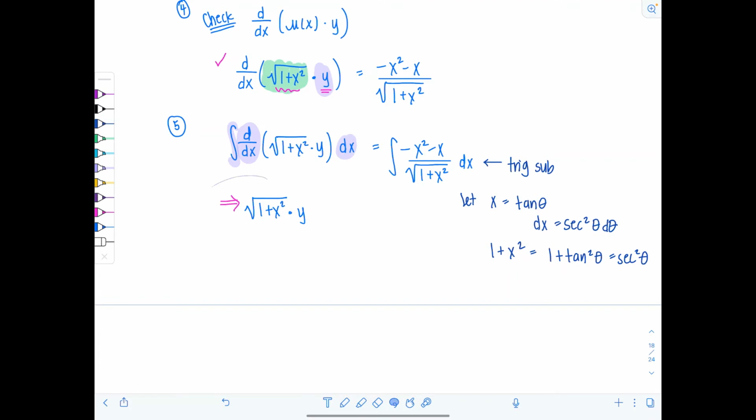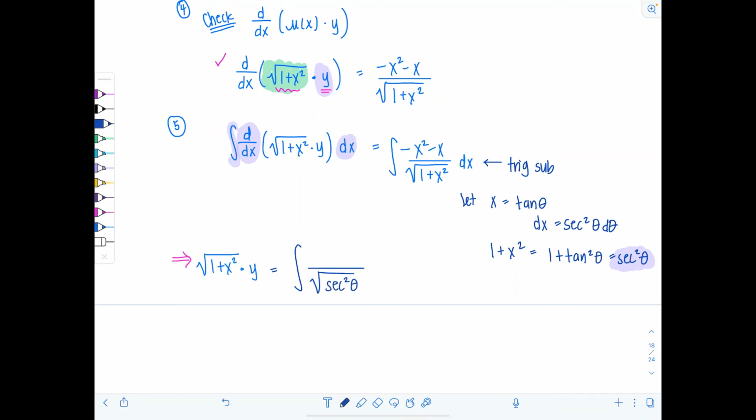Okay, so let's see what we have here on the right-hand side once I make that substitution. We will have integral. In the denominator, I have radical 1 plus x squared. We just established that 1 plus x squared reduces to secant squared theta after I make that substitution.